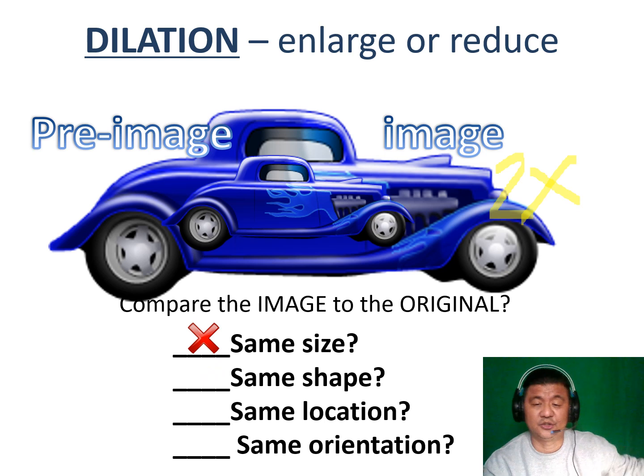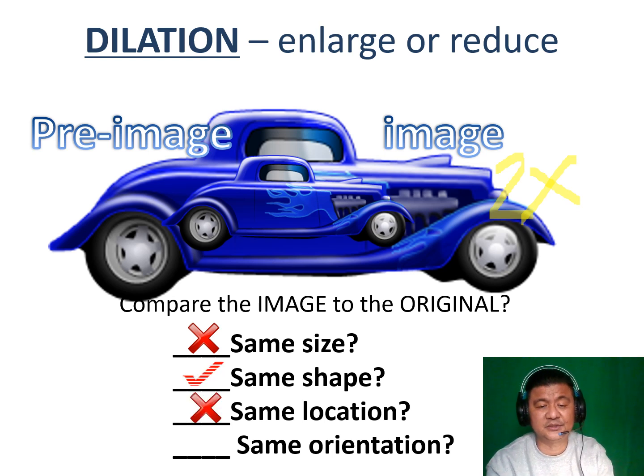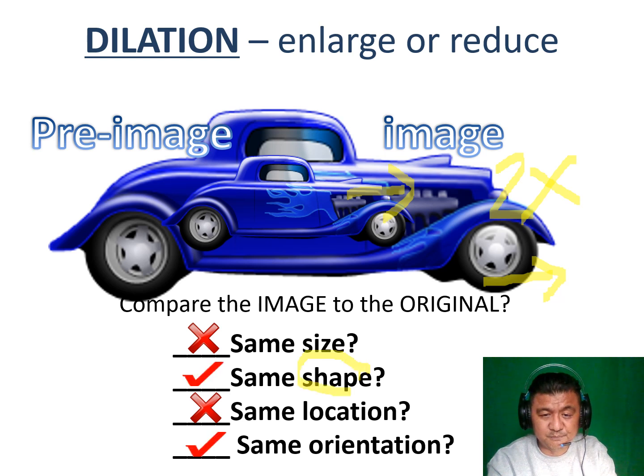Because it's larger, it occupied more space. So the location is not preserved. How about the orientation? Is the right front facing the right and the left still facing the right? Oh, yes, it's been preserved. See that direction? So remember, in dilation, the shape and the orientation are preserved.